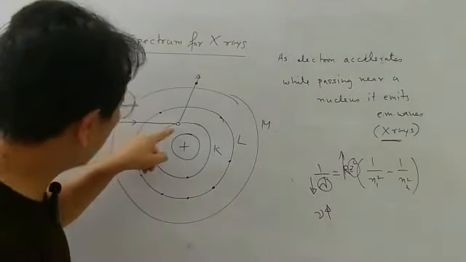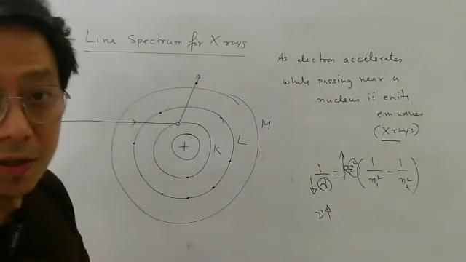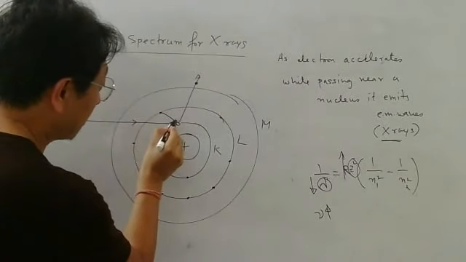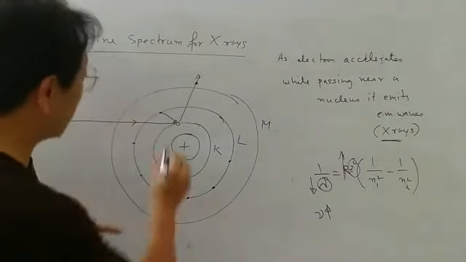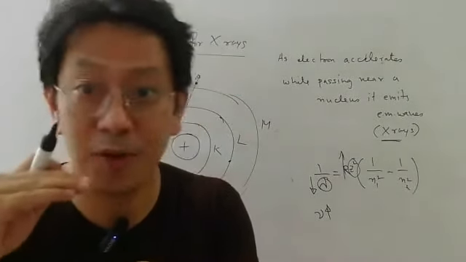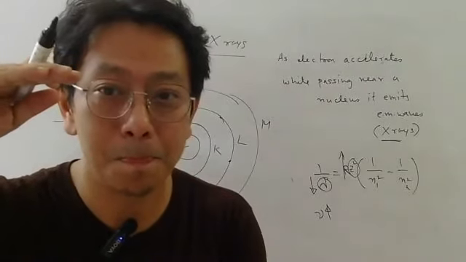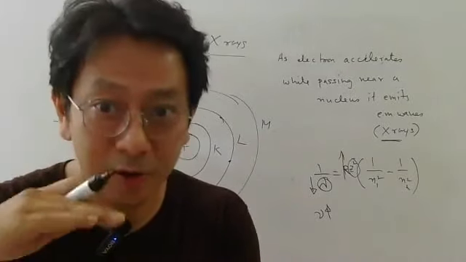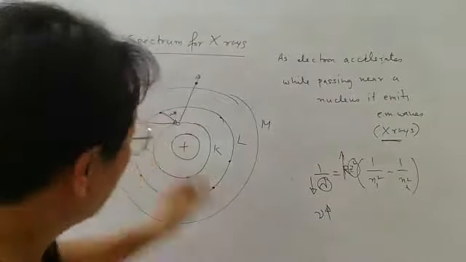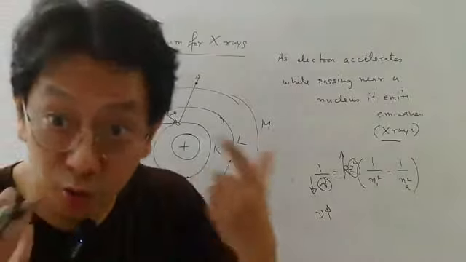Once one of the inner electrons is ejected, an electron from the outer orbits may make a transition like this. During that transition, it will emit a photon. Now these are inner orbits, remember. Inner orbits, if you remember for hydrogen atom, have a high energy gap. So this energy gap is too high, plus the atomic number of the element is also very high.